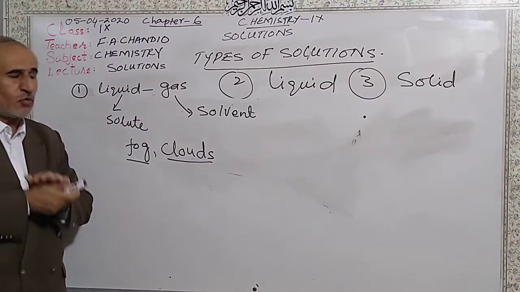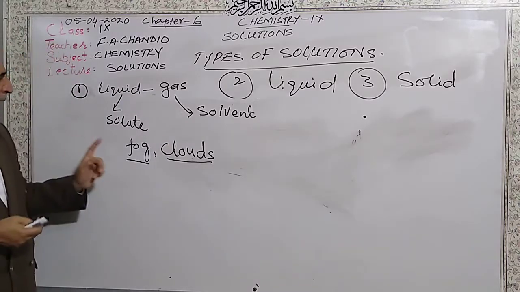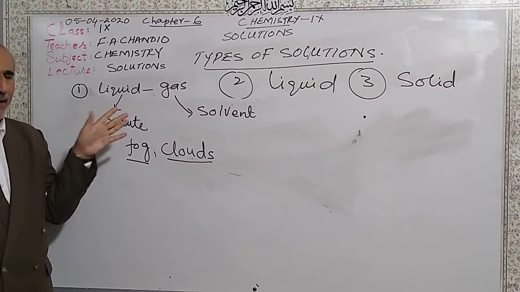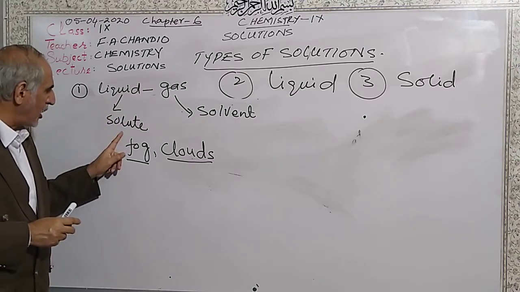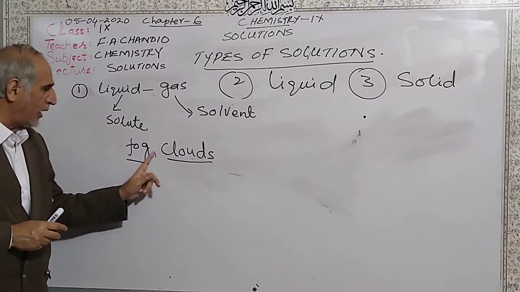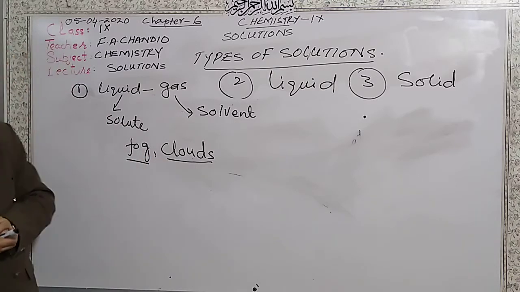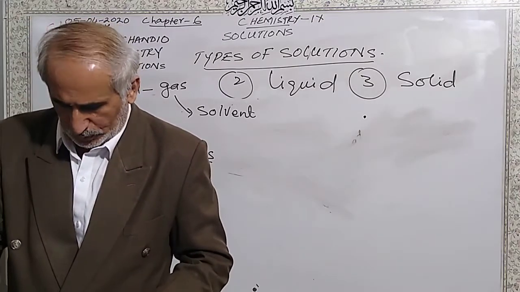Air is a gas which is in the larger quantity, making a solvent. And water droplets which are hanging, present in air, are the solute, meaning small quantity. Fog and cloud are examples of the liquid in gas. Number 2.